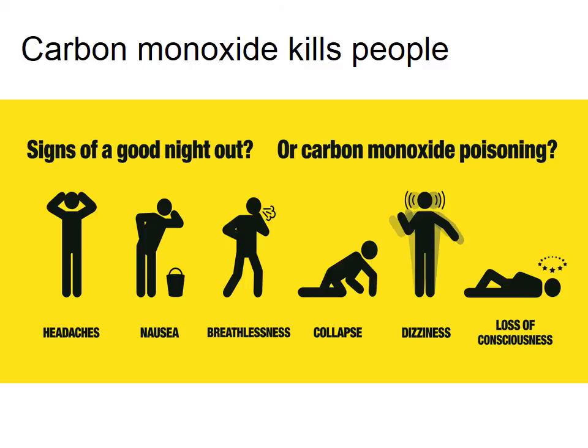This means the red cells will circulate as normal. They'll go from the lungs to the tissues and from the tissues back to the lungs, but they won't be able to carry the oxygen. So the whole circulatory system becomes completely pointless, and the tissues will become hypoxic as a result of the presence of the carboxyhemoglobin in the blood.